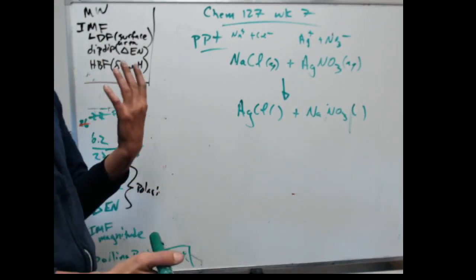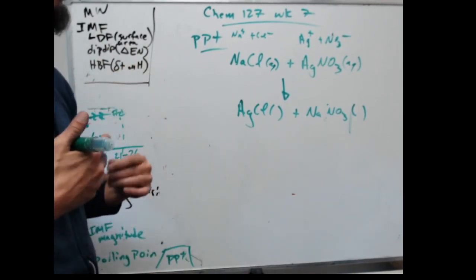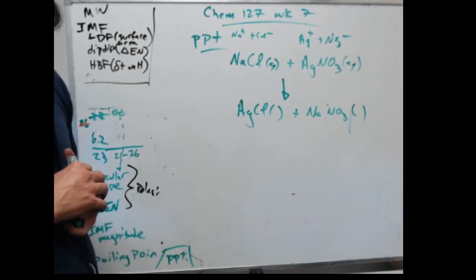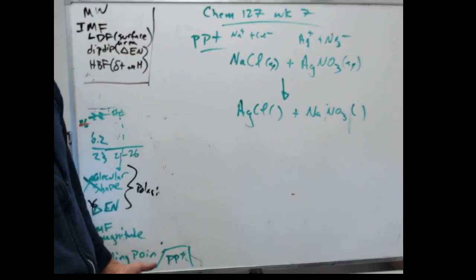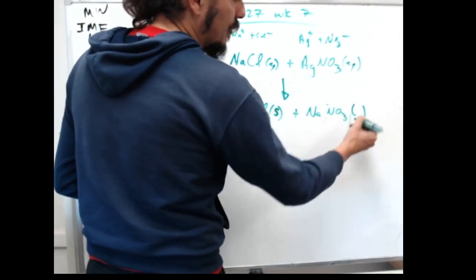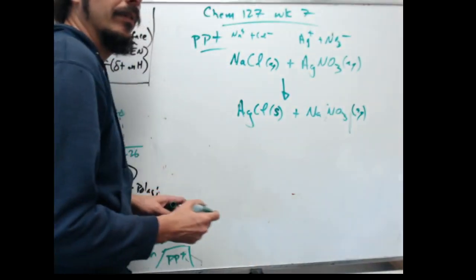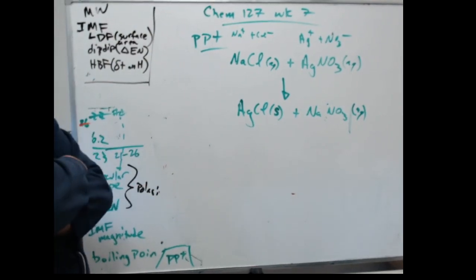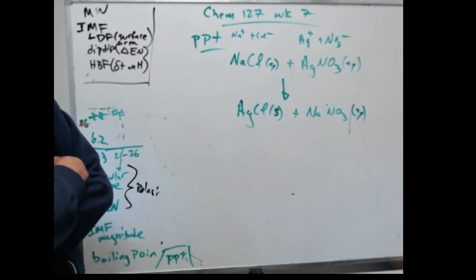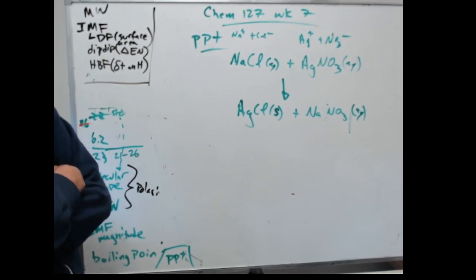Now, there are energetic arguments we can get into, and we do get into in Chem 128 again, but for us, we're just looking at the solubility rules and saying, hey, generally, yes or no. Generally, silver chloride is solid, sodium nitrate, aqueous. So we did our flip-flop, we used our solubility rules, we can tell which thing is going to be solid, which thing is going to be aqueous. And then that's it for the reaction.